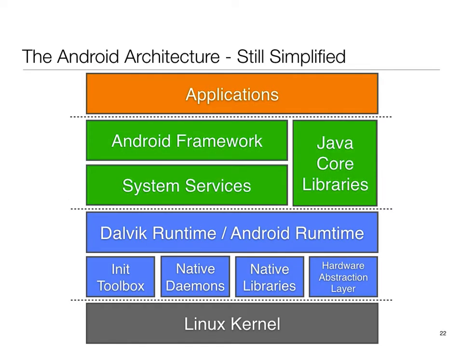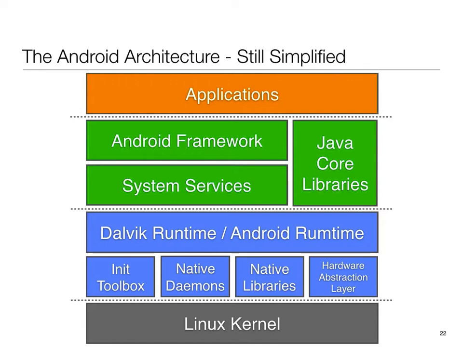And a still simplified version, but a little bit more granular, is you have the application layer, the Android framework, system services, which we'll go into in a bit, and then you have some Java core libraries that provide core functionality that you'd use when developing any other Java applications. And obviously they have the Kotlin version of it.